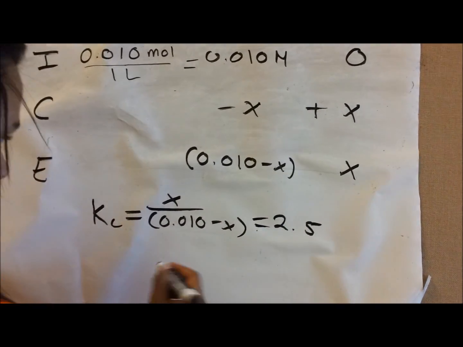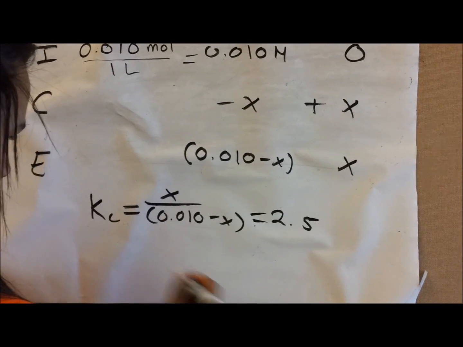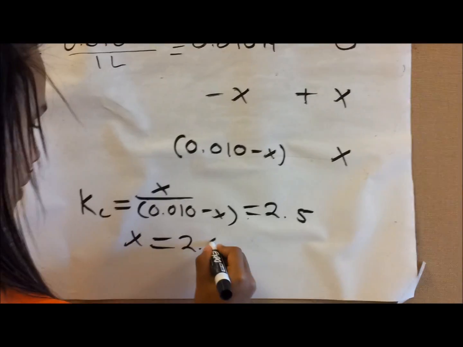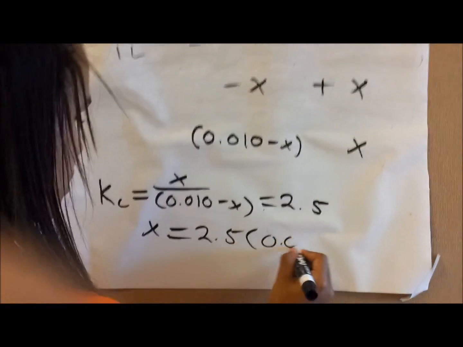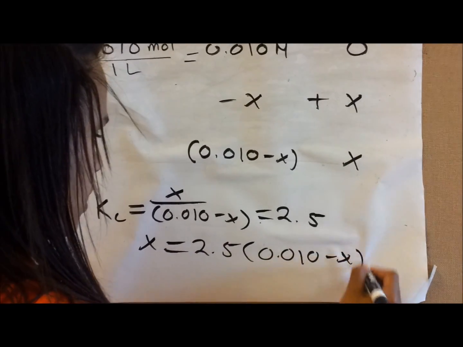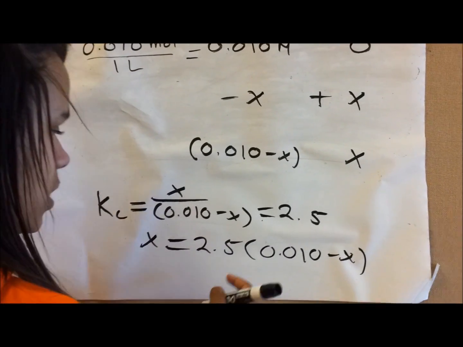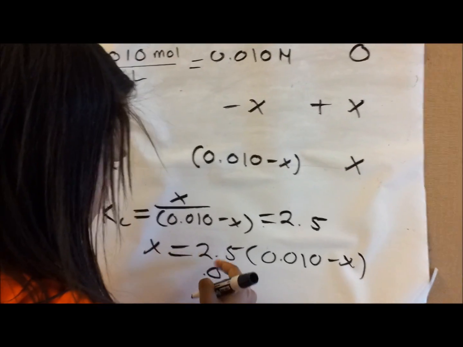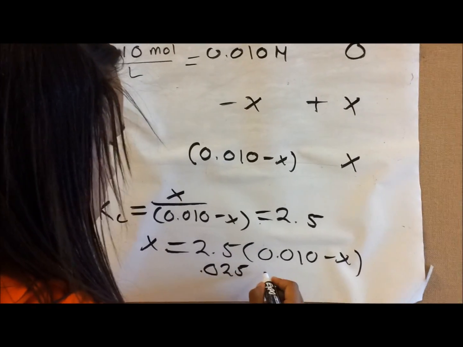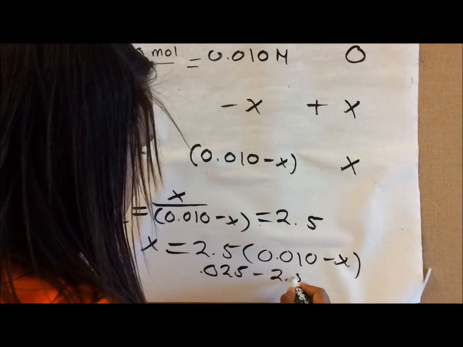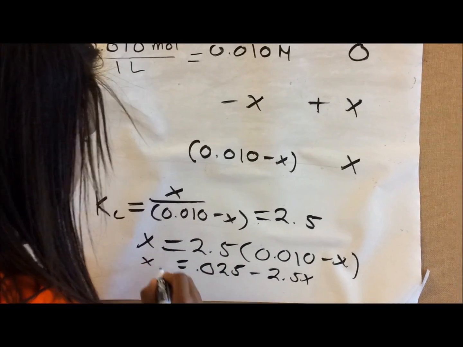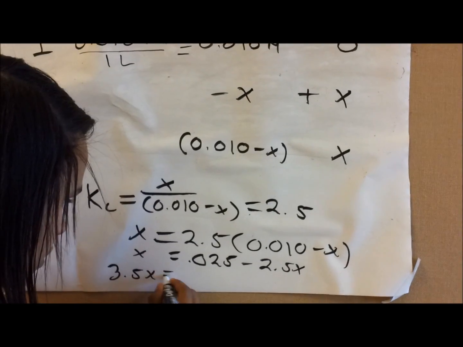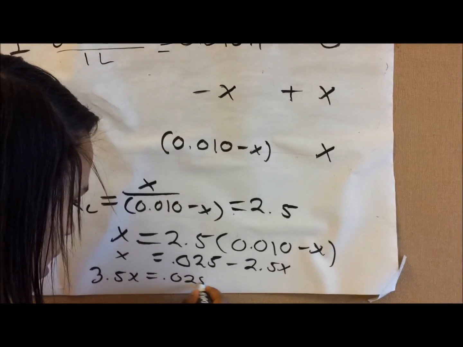So to solve for x, you multiply both sides, so you get 2.5 times (0.010 minus x) equals x, which gives 0.025 minus 2.5x. Then you add it and you get 3.5x equals 0.025.